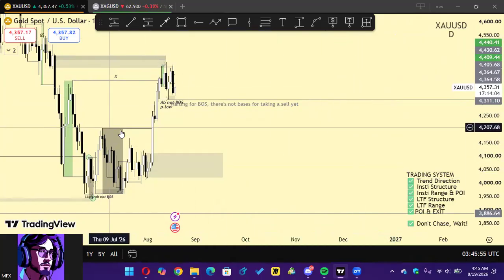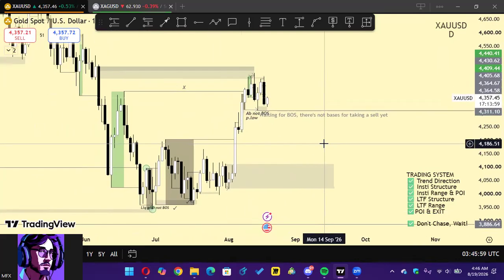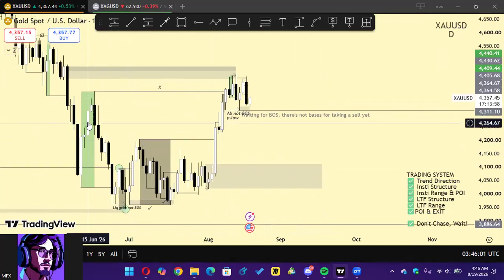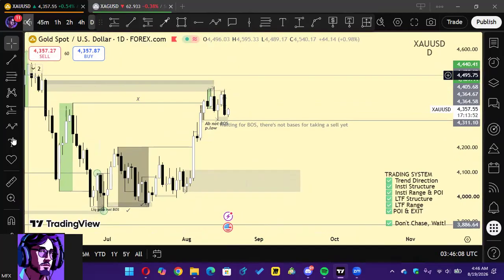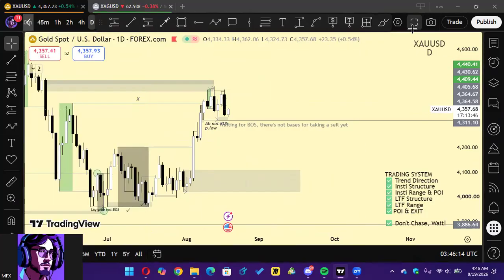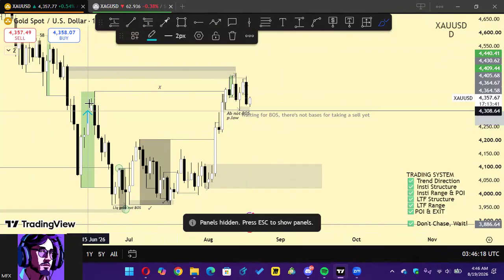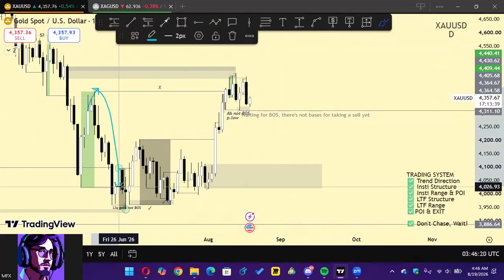We had this double information to the opposite side of price, and we've also mitigated the last up move that caused this down move.